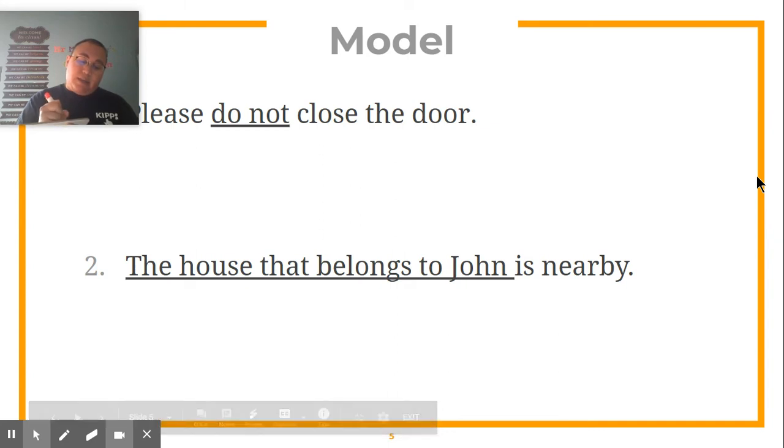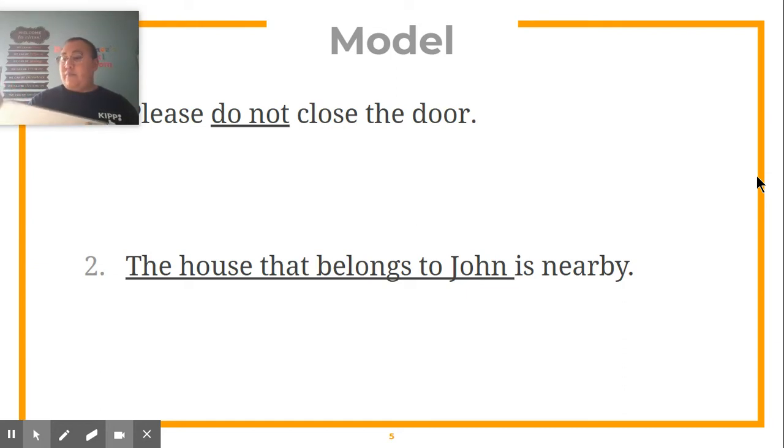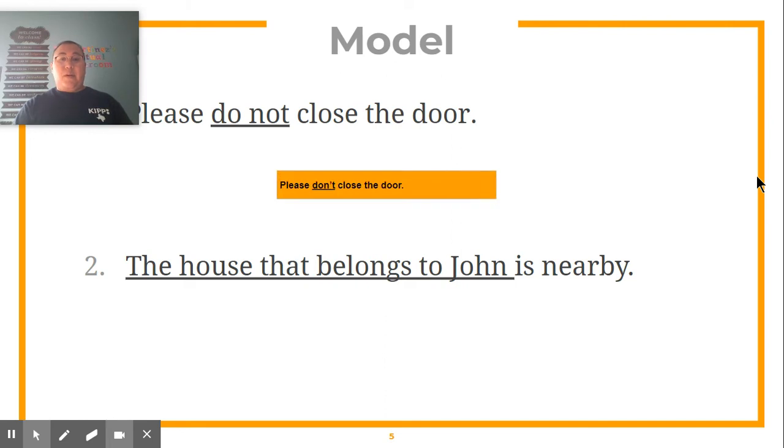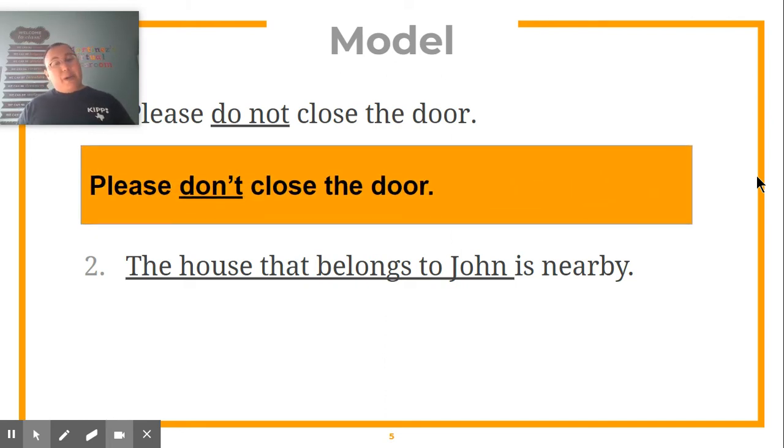So, please don't close the door. Now that I've written it on my paper, I can type it into my Google form. Please don't close the door.